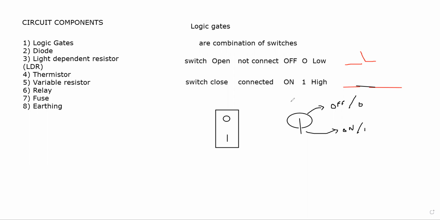So logic gates are a combination, an arrangement, of switches. If it is high, we say on. If it is off, we say low. There are many logic gates, but you have to learn how the OR gate works, AND gate, NOT gate, NOR gate, and NAND gate.